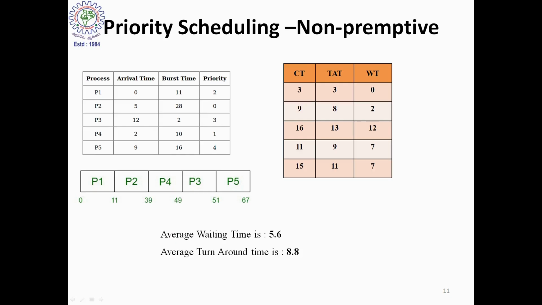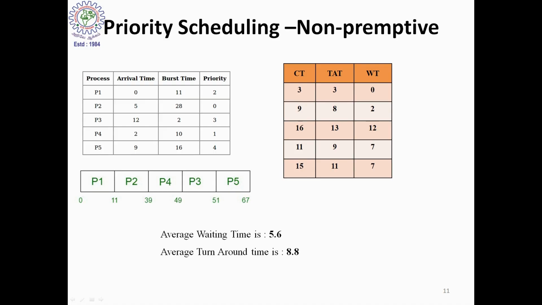Here it is a non-preemptive case, which means once the process is given to the CPU, until the completion of the burst time, it should not be taken out of the processor. We have seen that the process with the lowest priority number should get the CPU first. Here the process P2 has the highest priority.